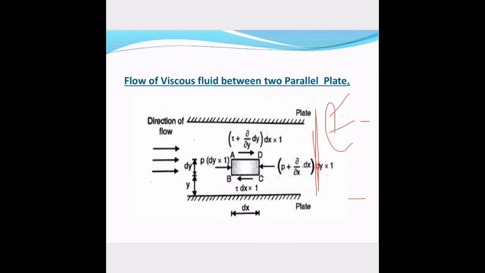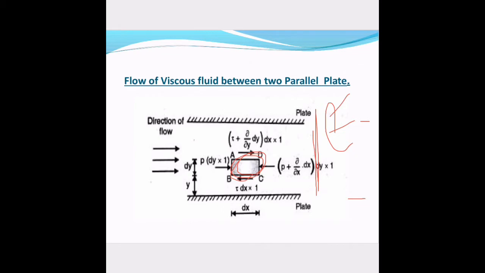So let us consider a fluid element ABCD. We have to derive some equations by taking a fluid element only, not the whole fluid. We cannot take the whole fluid, okay?